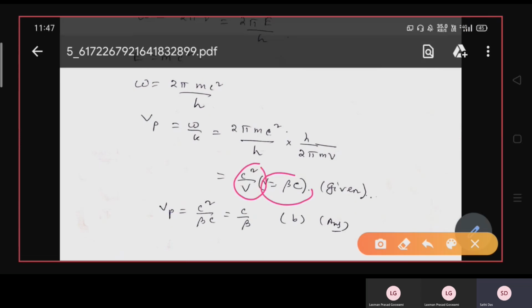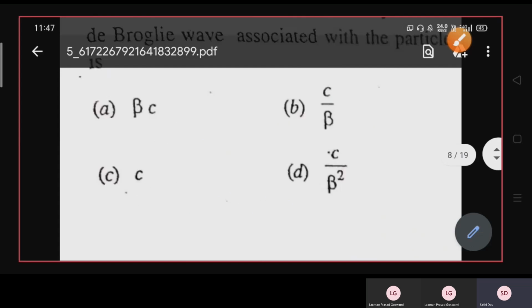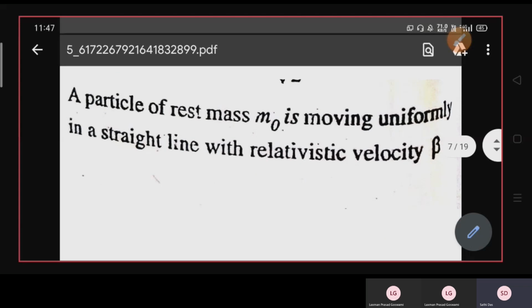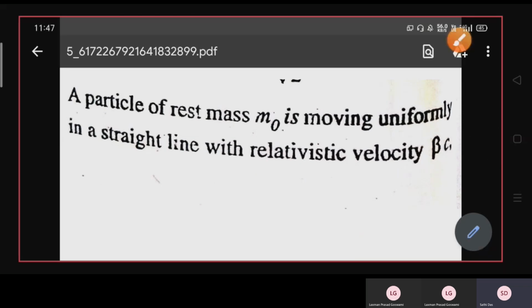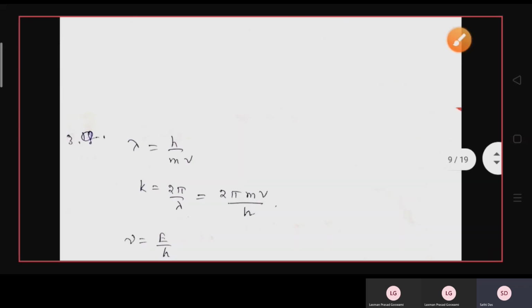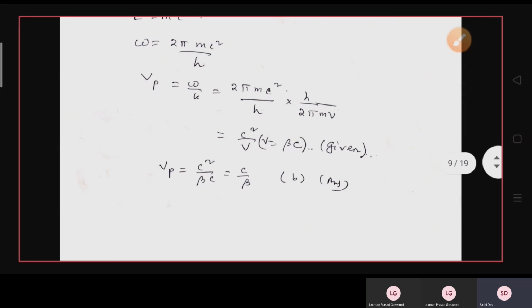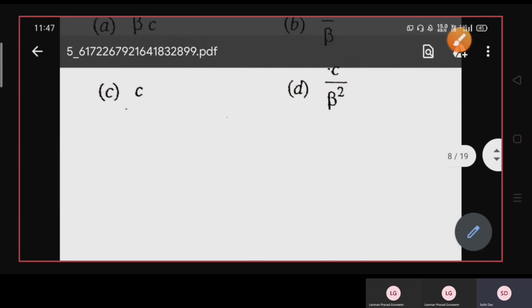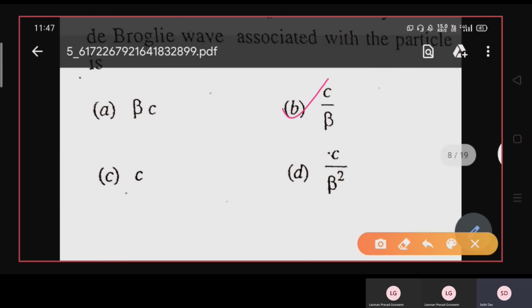Now v has been given as beta c, because in this problem the particle is moving with a velocity of beta c. So here you put v as beta c. So you get Vp, that is phase velocity, as c square by v or c square by beta c, or c by beta. So that is the answer, that is option B, c by beta is the answer.